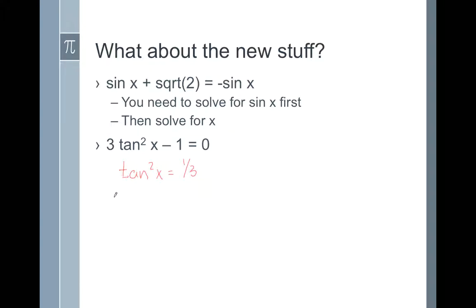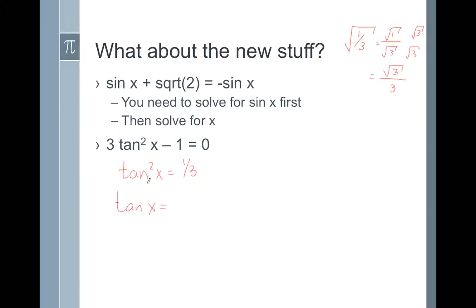Then I'm going to square root both sides. So I'm going to say that tangent of x is equal to, if I do a little scratch work up here, the square root of 1/3 is the square root of 1 divided by the square root of 3, multiplied by root 3 over root 3 to simplify. And I get the square root of 3 over 3.